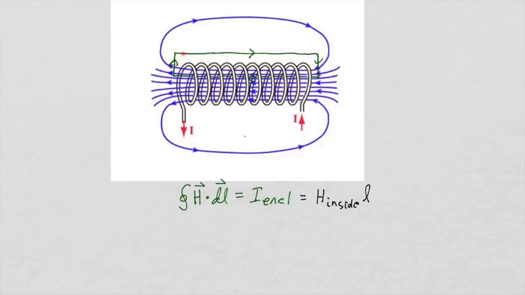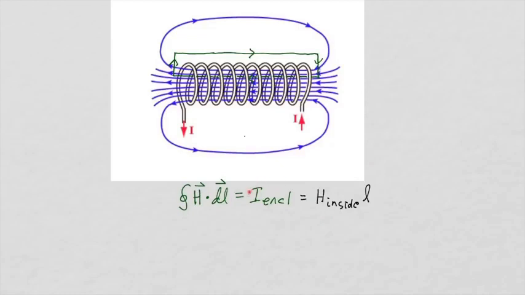Also, the magnetic field intensity is very weak along the path outside the coil, so we're going to ignore it compared to the value of H dot dl inside the coil. So essentially the integral of H dot dl around that path will be the value of H inside the coil times the length of the coil.